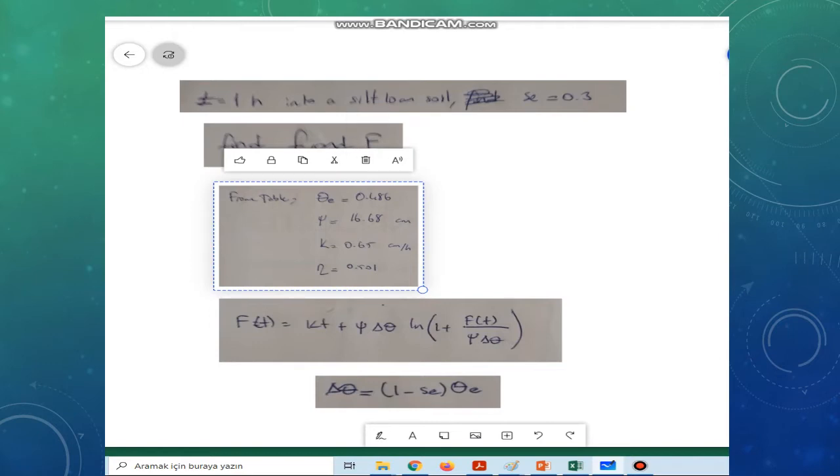After we know all this, we will apply these parameters to the Green-Ampt equation in order to find cumulative infiltration first.